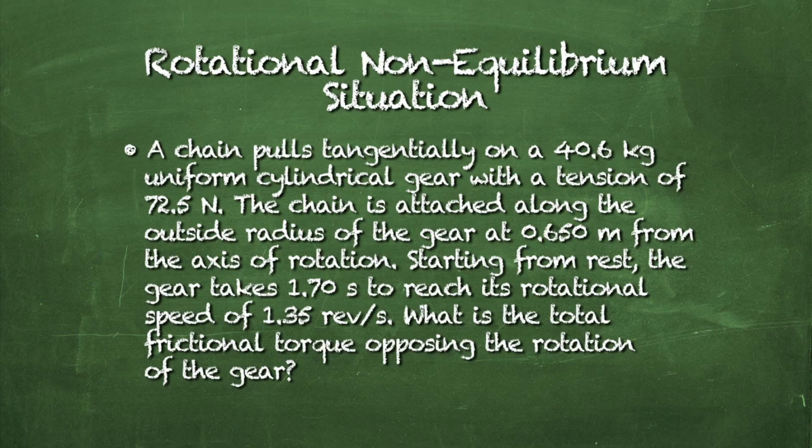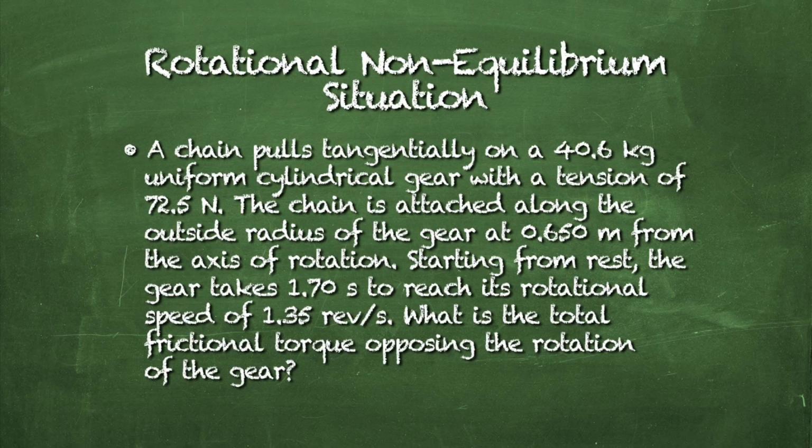Okay, this is something where you'll have to visualize the situation, diagram it. It's a rotational non-equilibrium situation and a rotational kinematic situation. We'll deal with it similarly to what we've dealt with before, and also realize that there is a frictional torque involved as well.